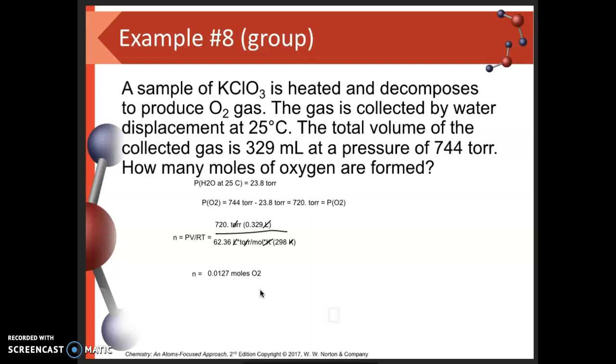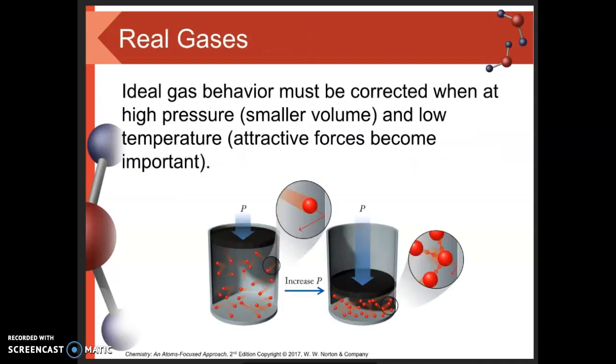And that means they're behaving according to the kinetic molecular theory. The problem is the kinetic molecular theory doesn't always predict real behavior. And so when we go away from ideal behavior, we describe the gases not as ideal, but as real gases.